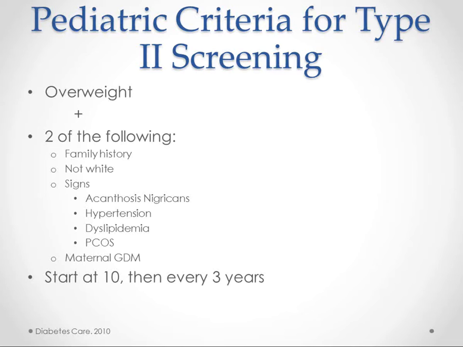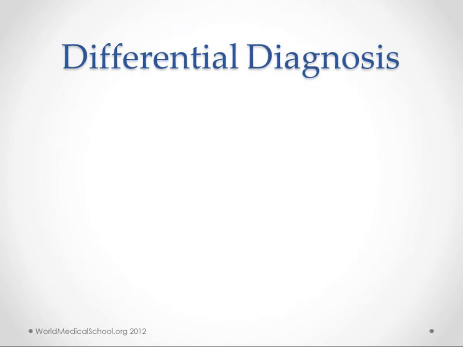So if you have two of those, then it's a good idea to test for type 2. So you start doing this at 10. If they don't have it, then you test them 3 years later, etc.